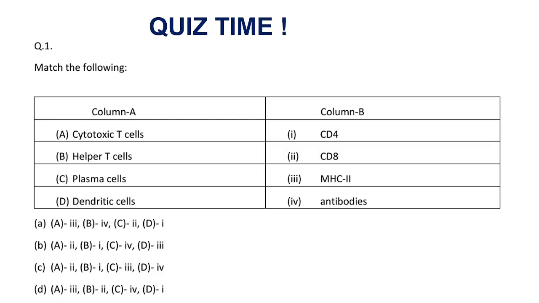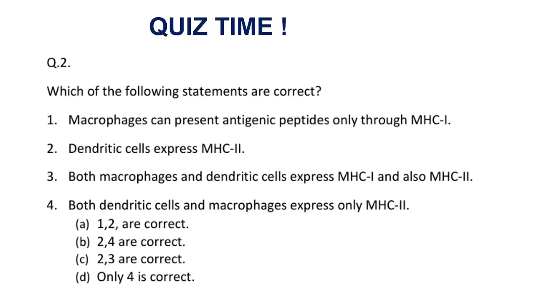And the dendritic cells process the antigens and present them on the MHC2 molecules to activate the helper T cells. So A2, B1, C4, and D3. That's B. Correct.